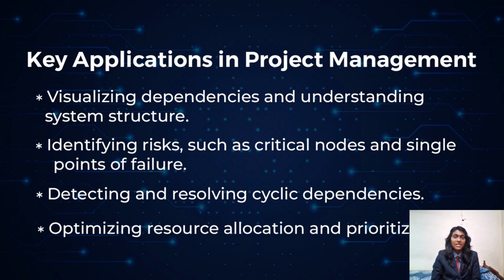Secondly, dependency graphs are instrumental in detecting cycles, which occur when two or more components are mutually dependent. Such cycles can cause runtime errors or build failures. Finally, dependency graphs help allocate resources by identifying independent modules that can be worked on simultaneously, ensuring that projects are completed efficiently and on time.